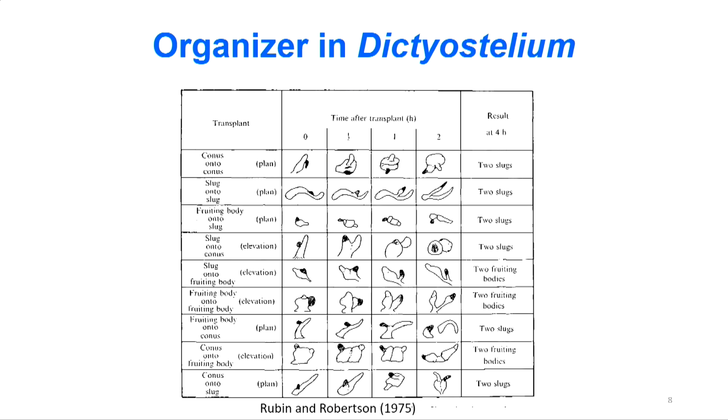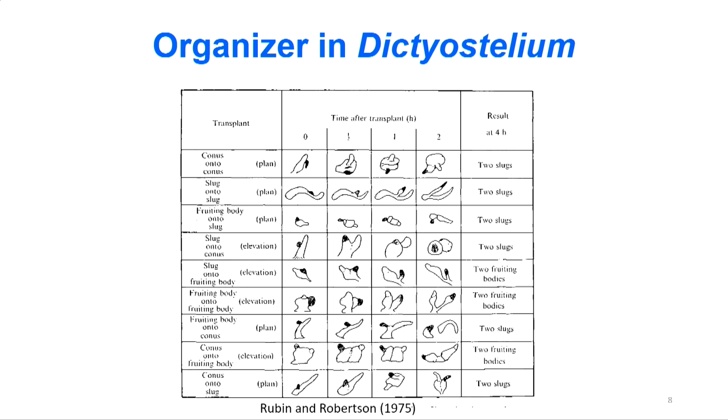The embryonic organizers of higher vertebrates were discovered in the year 1975. And if you transplant the tip of a Dictyostelium slug to another slug, you eventually get two-headed slugs, two slugs from the single body.